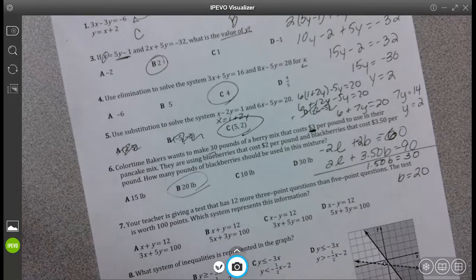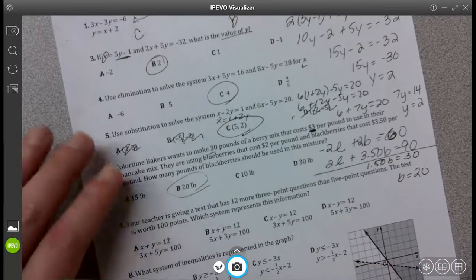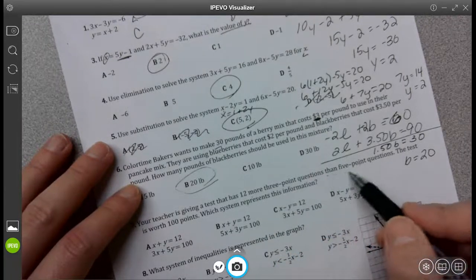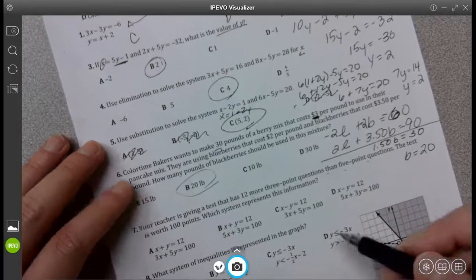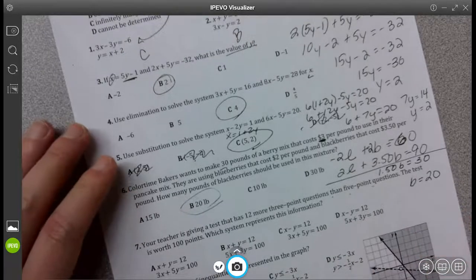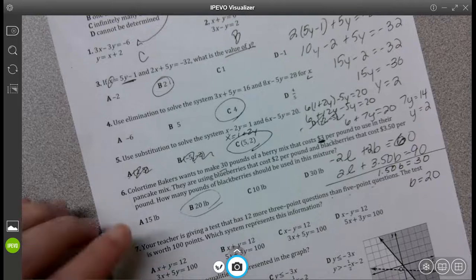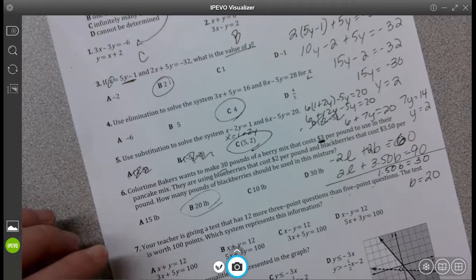Okay. All right. It says your teacher's giving a test that has 12 more 3-point questions than 5-point questions. So we have 3-point questions and 5-point questions worth 100 points. Which system is this information? Okay.